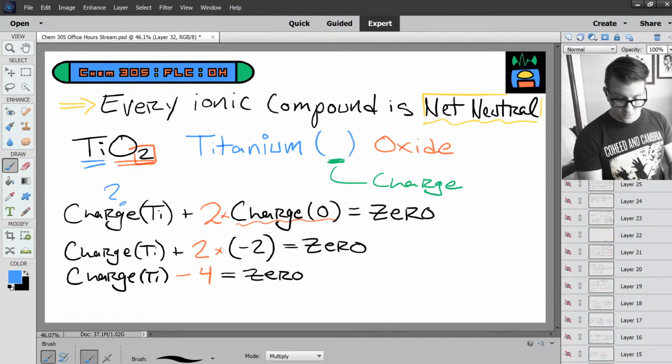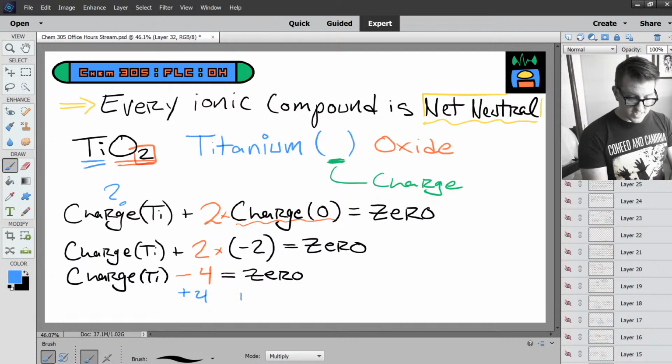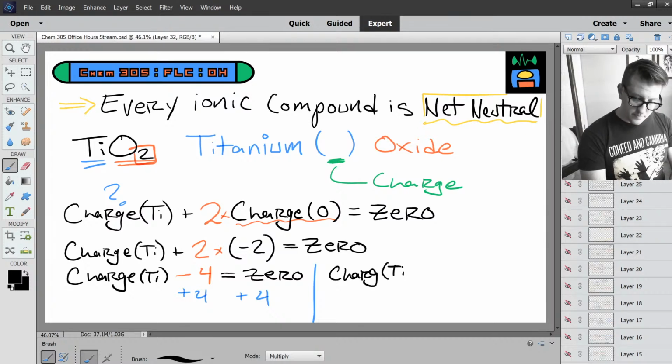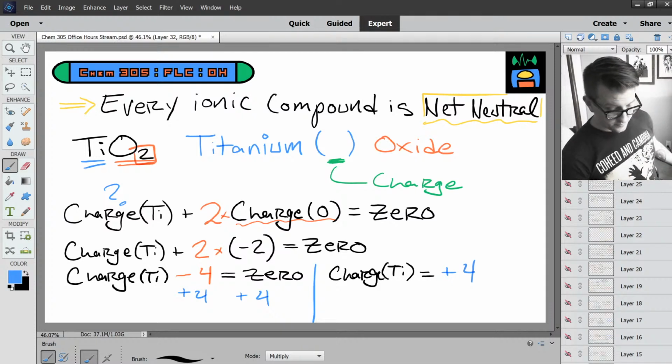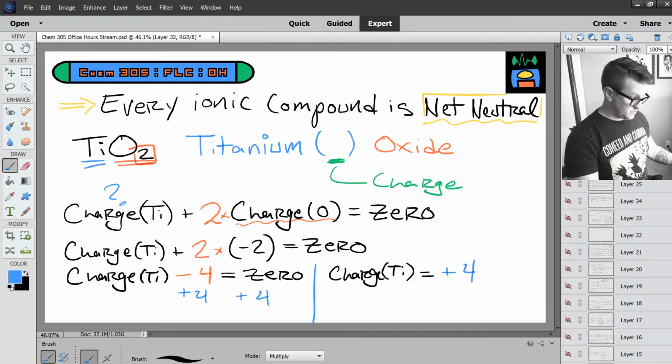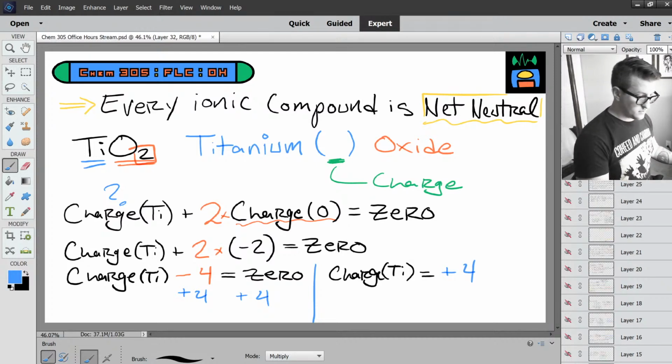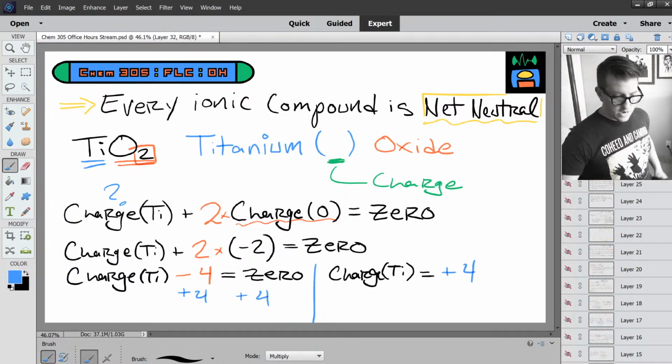And now if we solve, if we add 4 to both sides of this equation, we get the charge on titanium is equal to +4. All right. How are you so far?